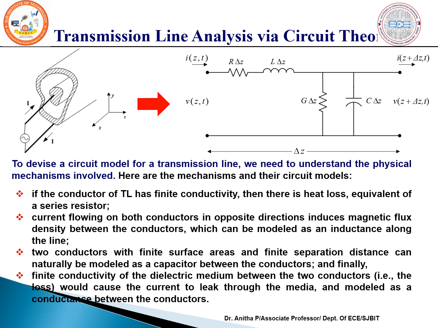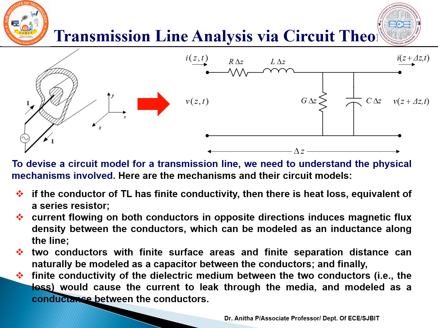So RLGC is an equivalent circuit for a section of transmission line which we are considering. R is resistance per unit length, so that is ohms per meter. Delta Z, if I consider in meters, the meters will cancel, and we will have a resistance only. Similarly, the other parameters also.